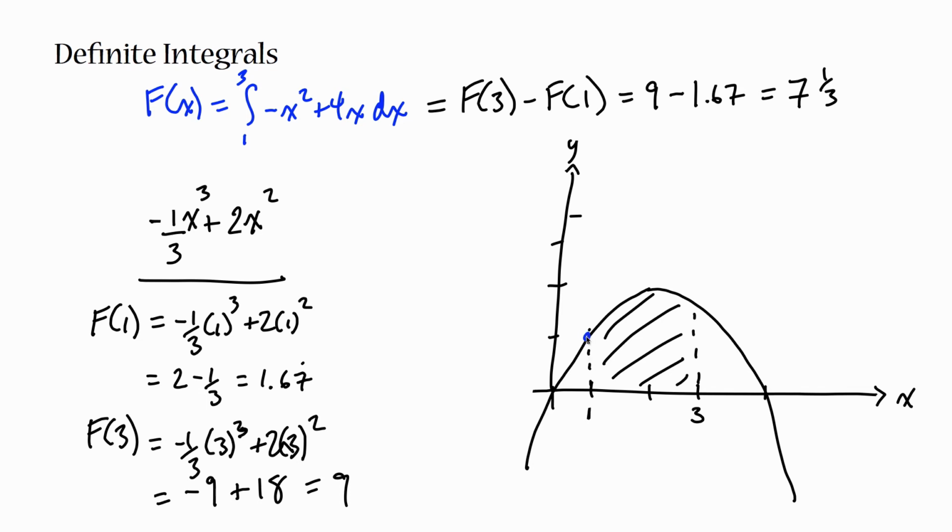So at x is equal to 1, my original function is minus 1 plus 4, which is actually 3. At x is equal to 2, well, my scale is off. At x is equal to 2, the function is a value of 4.